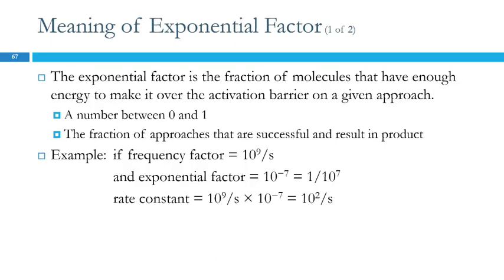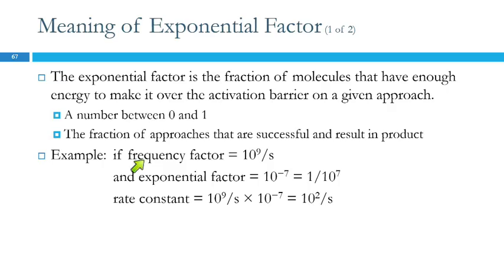So the exponential factor in the Arrhenius equation is the fraction of molecules that have enough energy to make it over the activation barrier on a given approach. So this is going to be a number between 0 and 1. 1 would mean that all of the approaches are successful. 0 would mean that none of the approaches are successful.